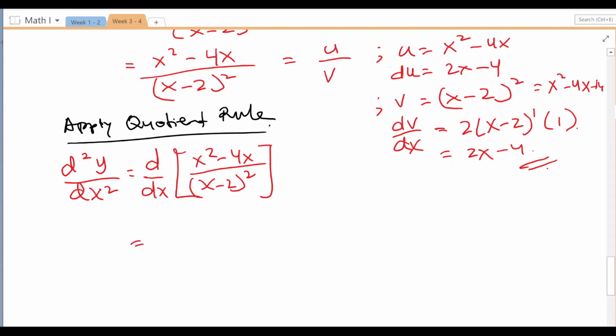So using the quotient rule, the derivative equals (v times du/dx minus u times dv/dx) over v squared. Sorry, this is v times du/dx minus u times dv/dx. So in this case, let's write it down here.